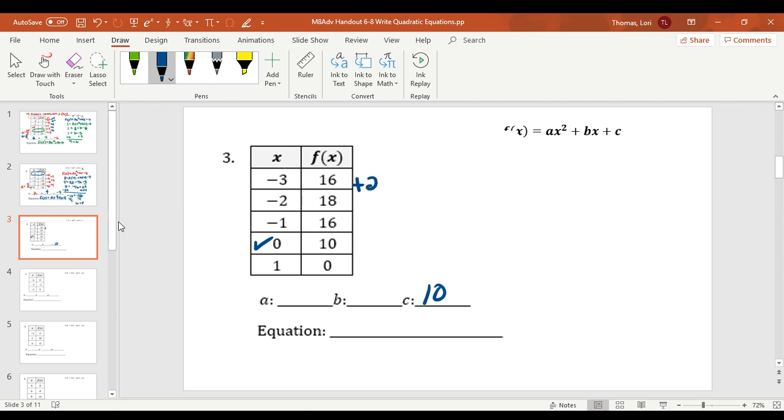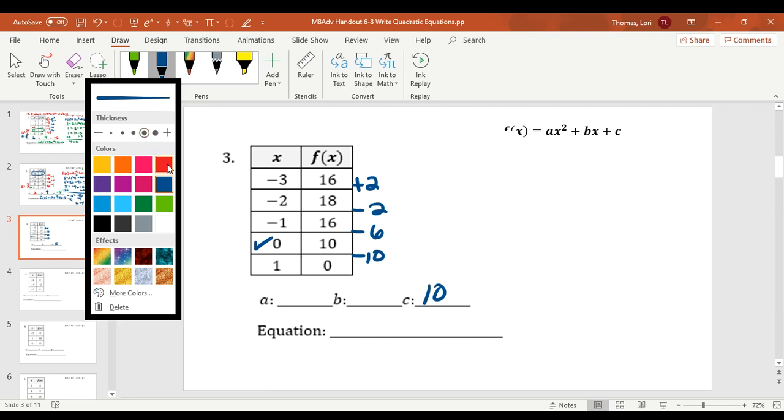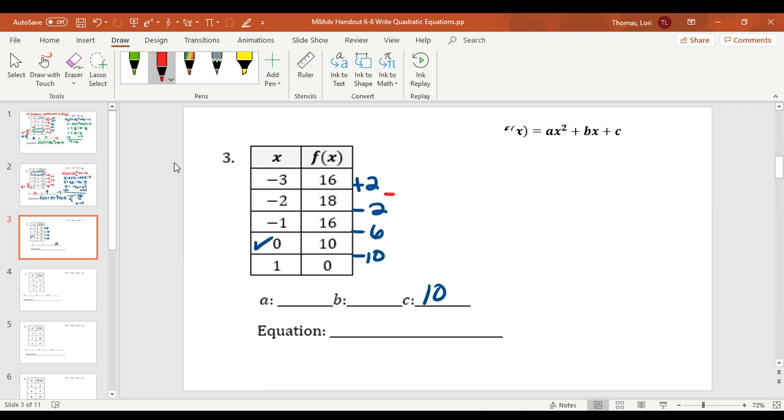So this is +2, -2, -6, and -10. And then we're going down 4, a difference of 4 here, and a difference of 4. So my a value is the second difference divided by 2. So our a value is -2.